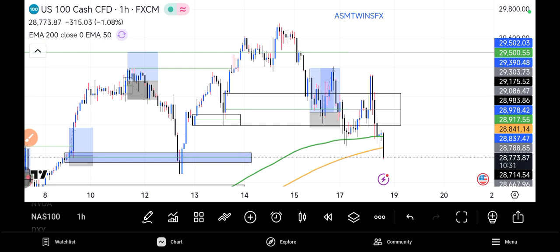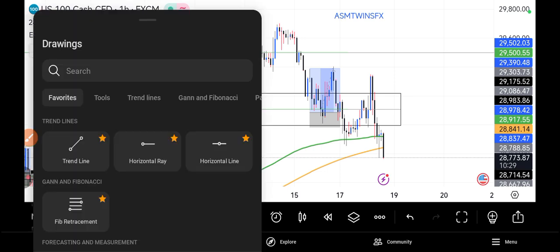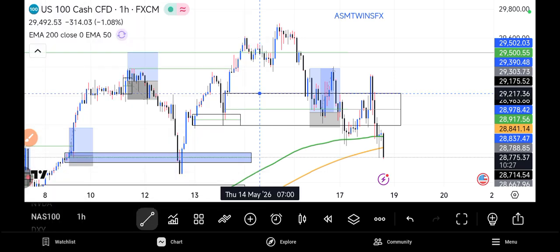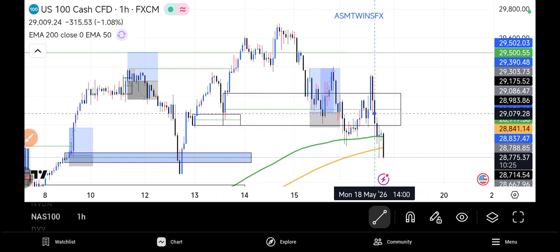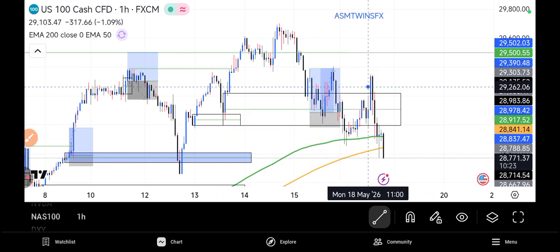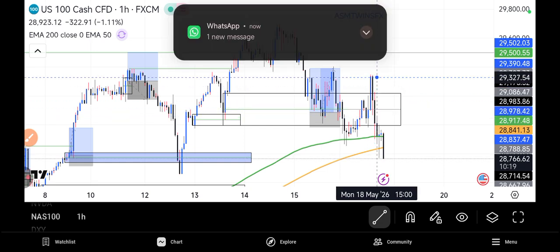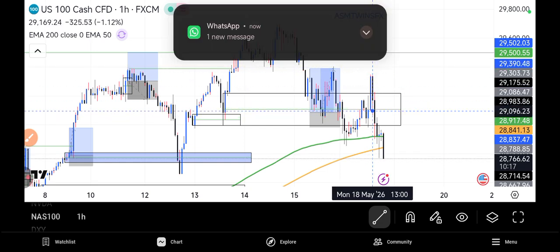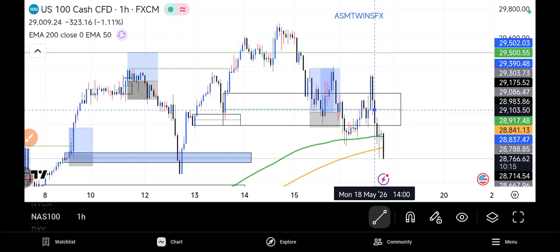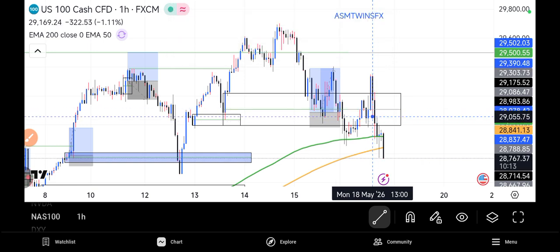Let me explain what I'm saying. If the candle body closes above here, then closes inside again, definitely the candle body did not close above it, so it closed inside your POI. That becomes a sell.